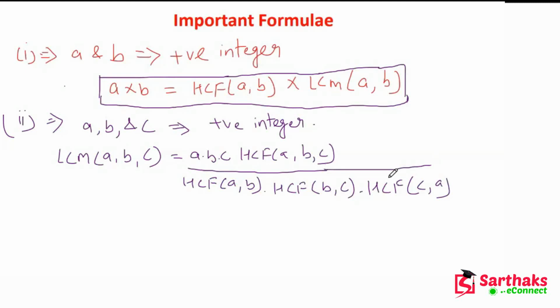It just looks dangerous, but it is a very easy formula. If you want to know the LCM of A, B, C, you just put A dot B dot C dot HCF of A, B, C divided by HCF of AB dot HCF of BC dot HCF of CA. That's it.